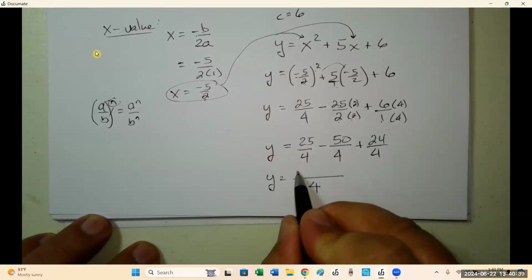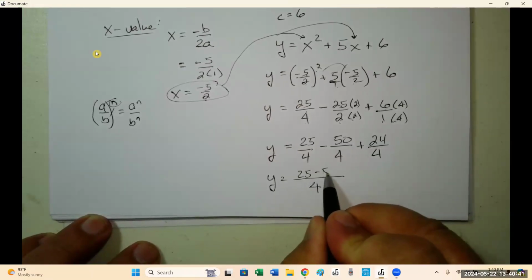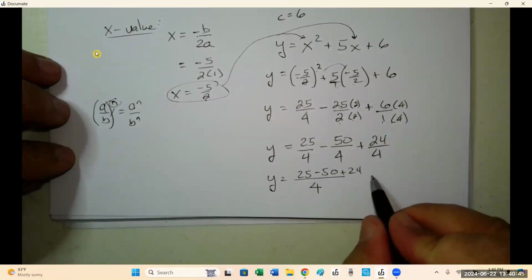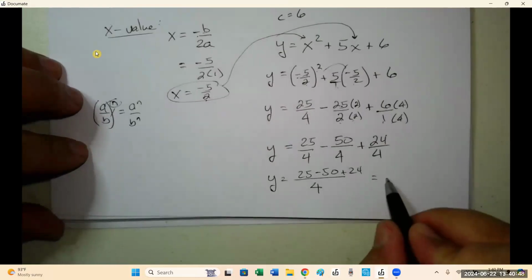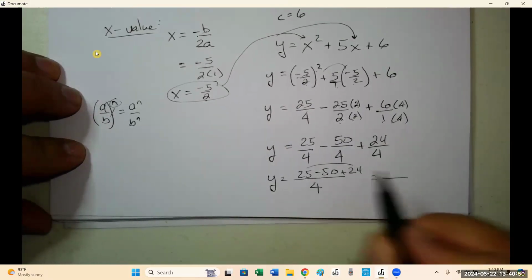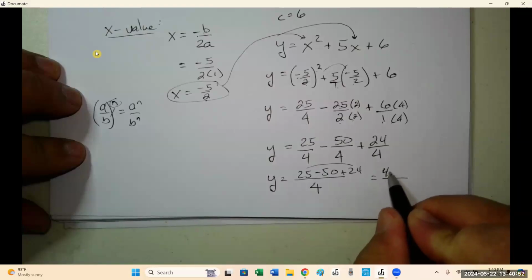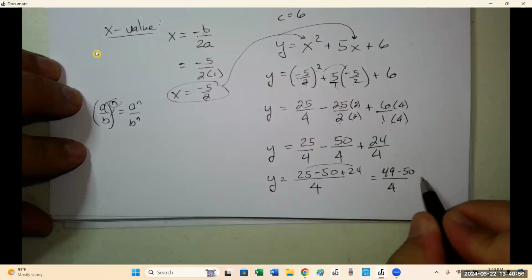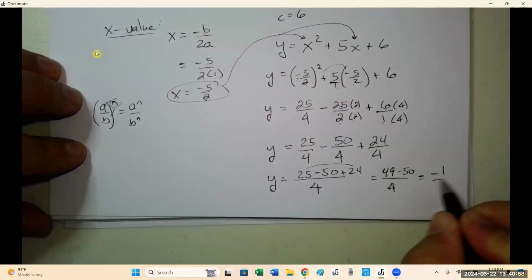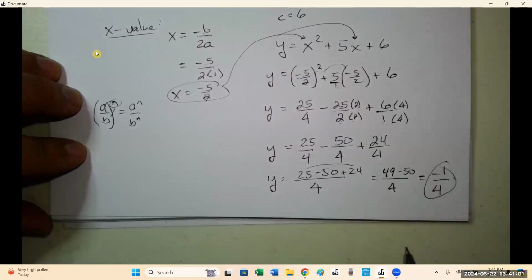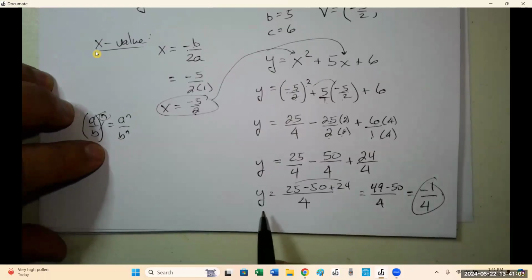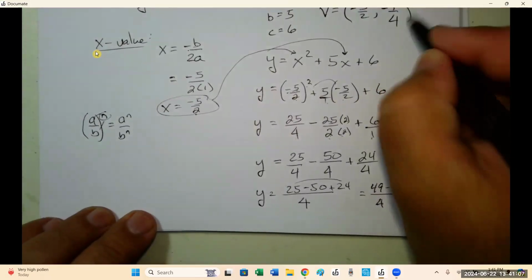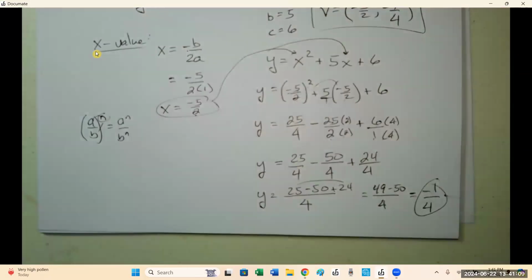Got a common denominator, so we have 25 minus 50 plus 24. 24 plus 25 is 49 minus 50, and that equals negative 1 over 4. So the y value of my vertex is negative 1 over 4. And there's my vertex.